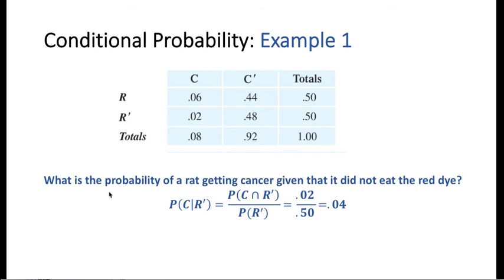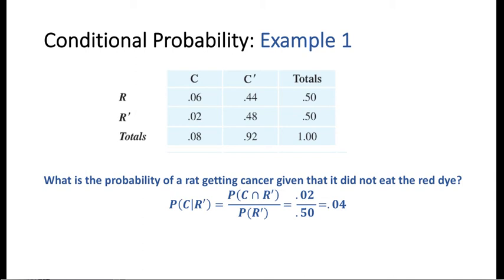Let's compare that to the probability of a rat getting cancer given that it did not eat the red dye. Those rats that didn't eat the red dye but got cancer were 0.02, divided by the probability of not eating red dye, which is 0.50, and that probability is 0.04.